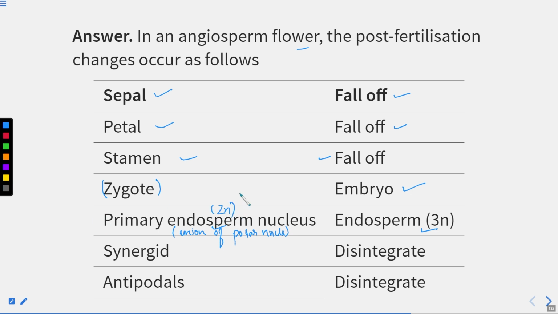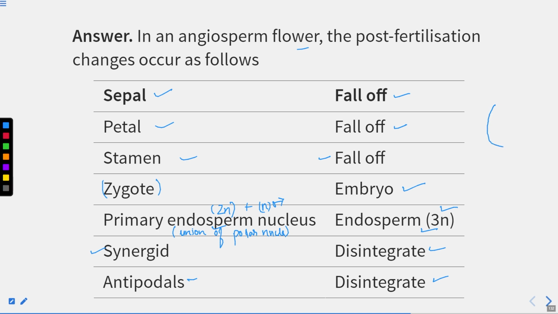This diploid cell will then fuse with one of the male gametes, which is haploid, and then it will form a triploid endosperm, which provides nutrition to the growing embryo. What will happen to the synergids? Synergids will disintegrate. Antipodals will also disintegrate.